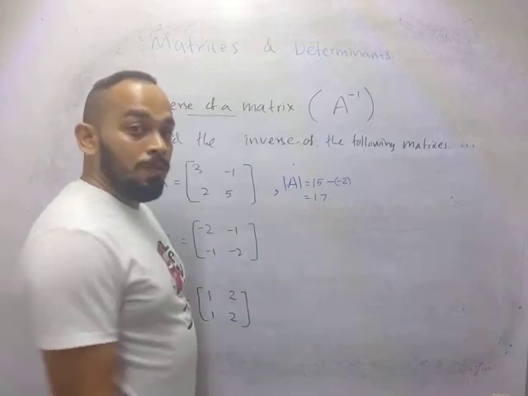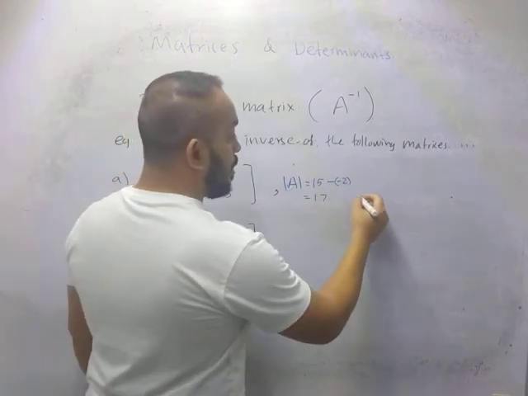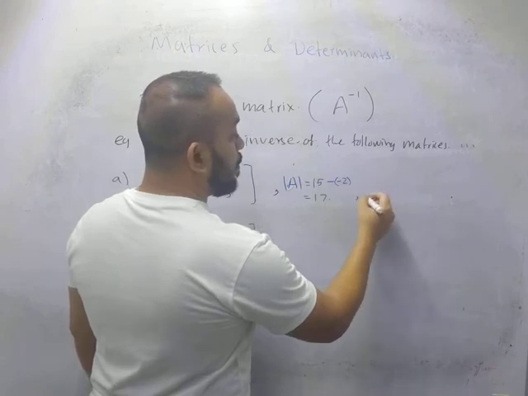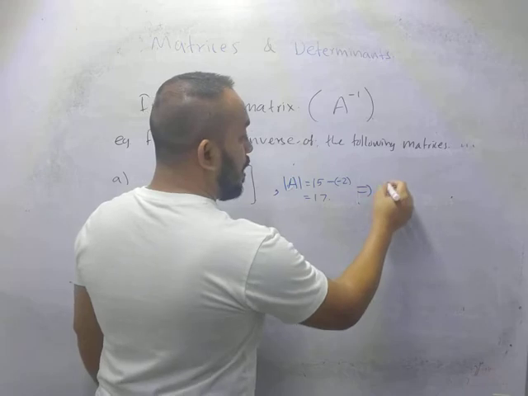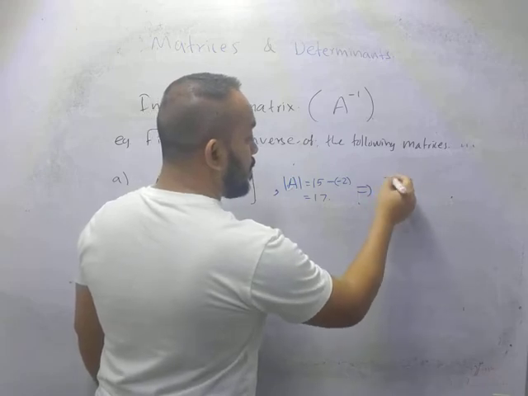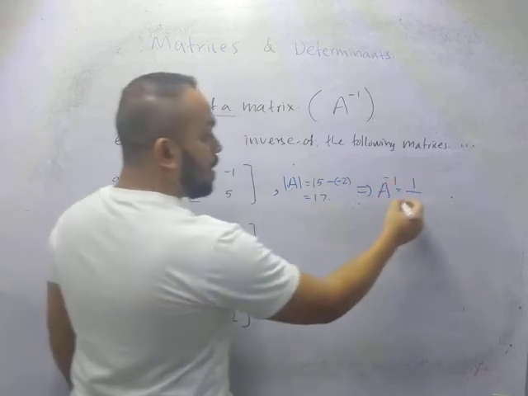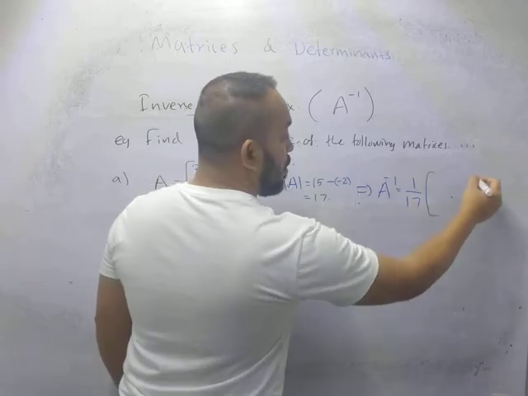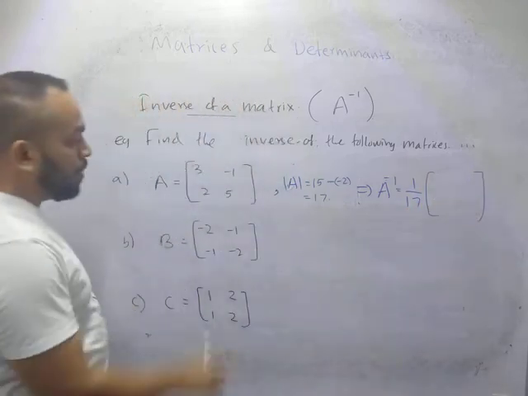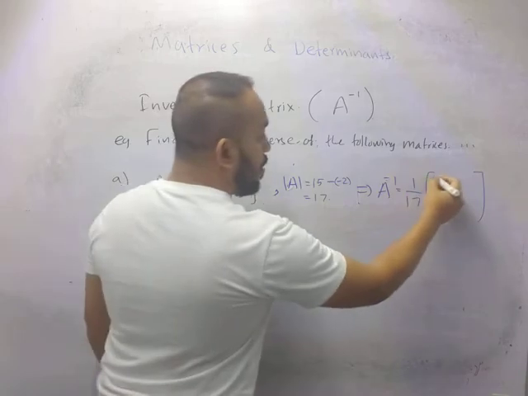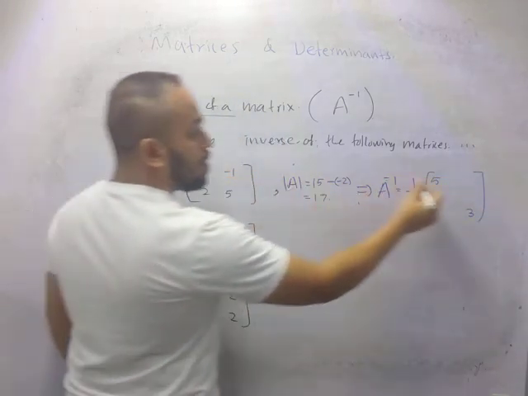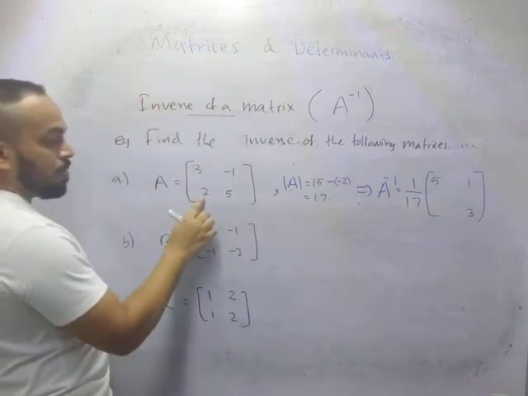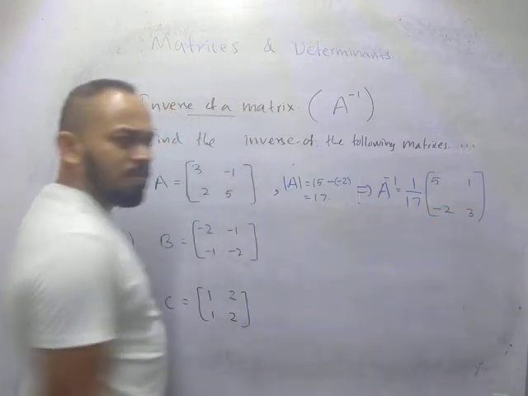This is non-zero, which means we can find the inverse. Therefore, A inverse is 1 over 17 times the 2 by 2 matrix. All you do is change the positions of 5 and 3. Change the signs: this is minus 1, so it should be plus 1, and plus 2 becomes minus 2. Very easy.